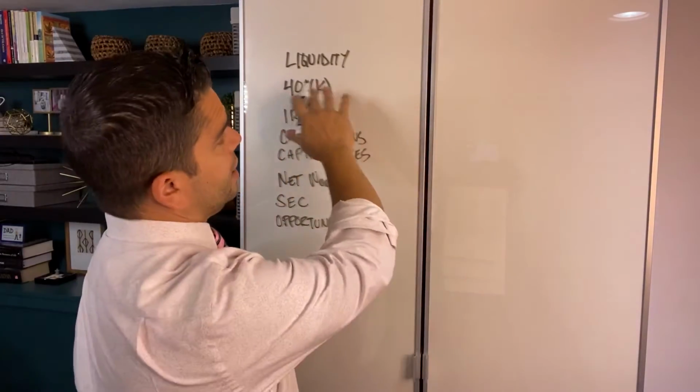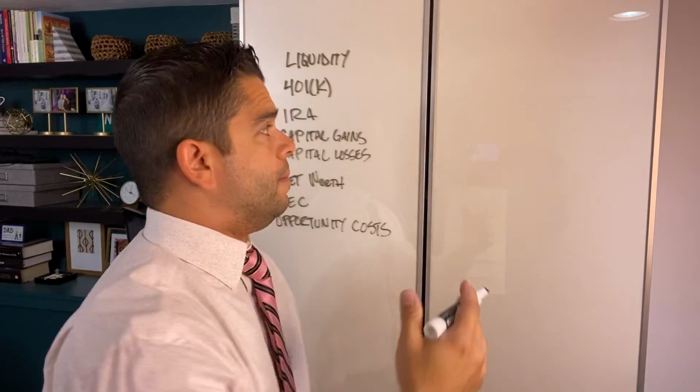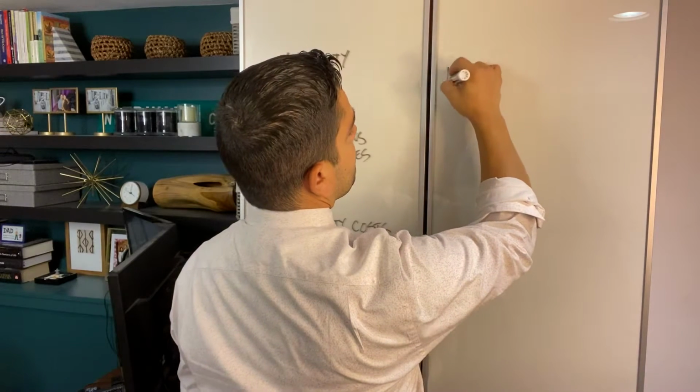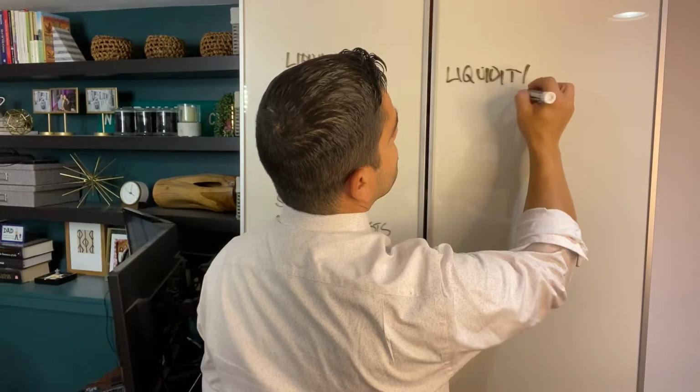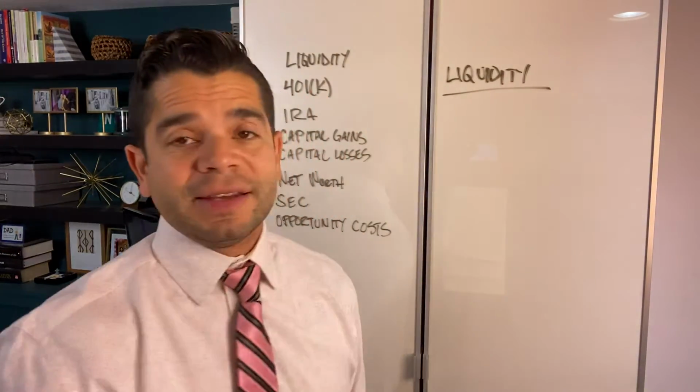The first is liquidity. Liquidity has to do with how liquid an asset is.